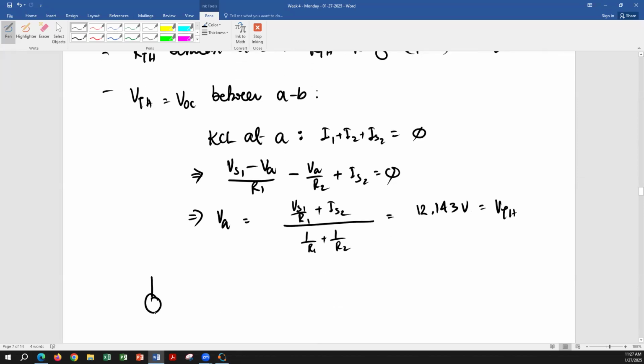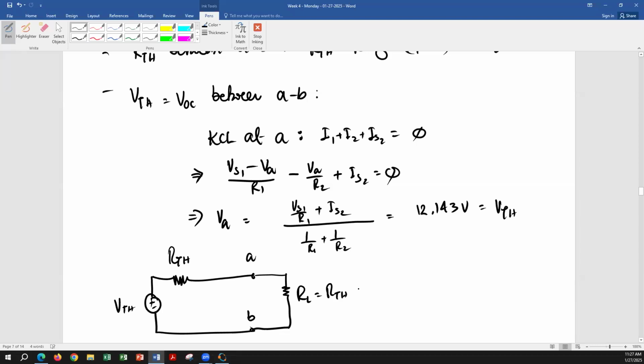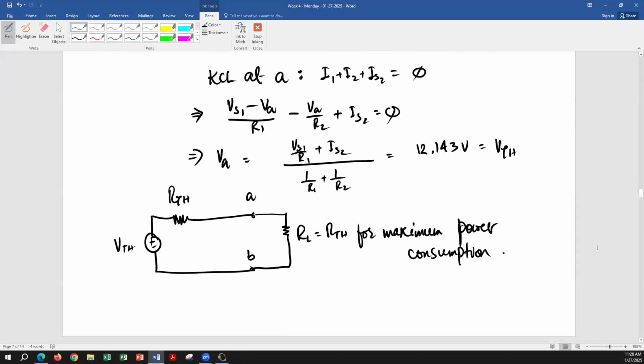So what is the Thevenin circuit? RL equals R Thevenin for maximum power consumption, and you can calculate the power.